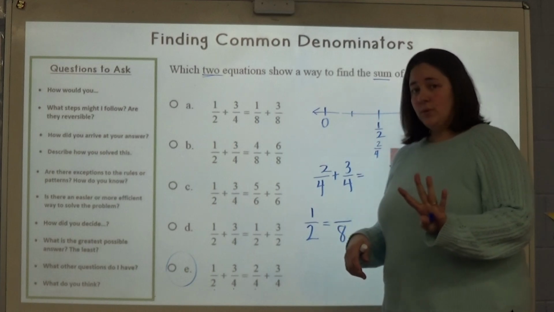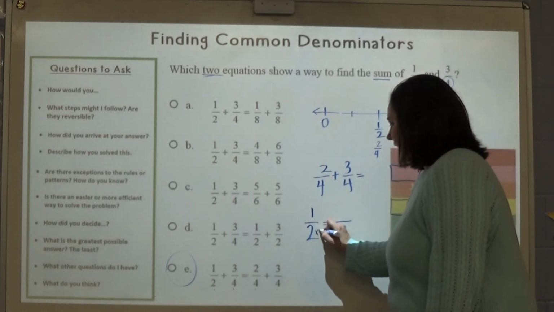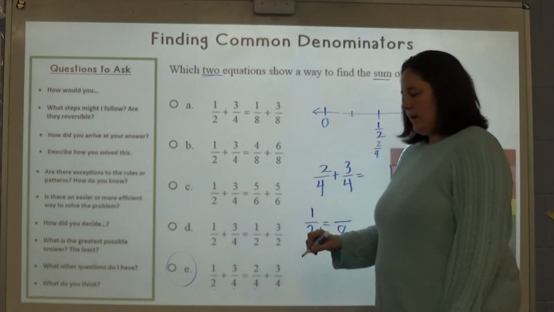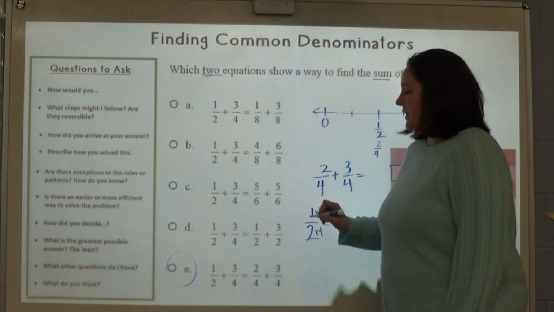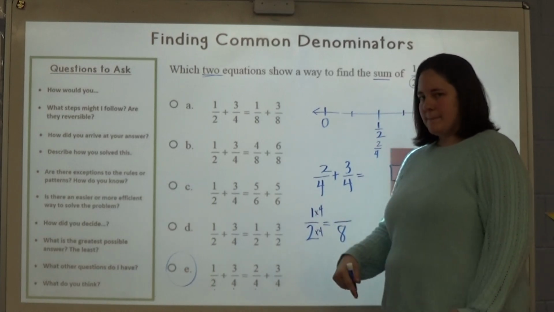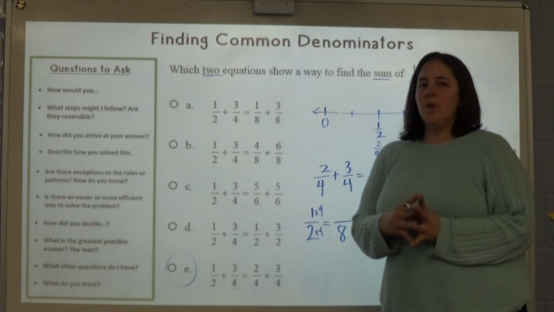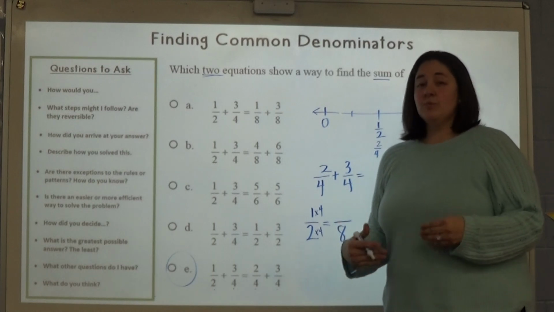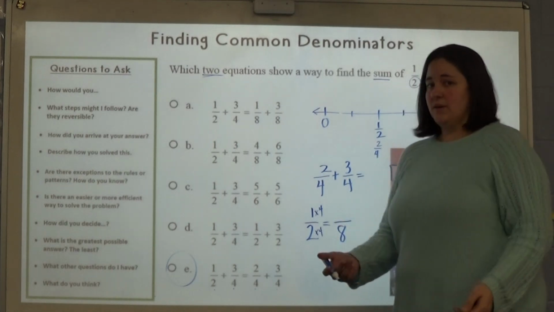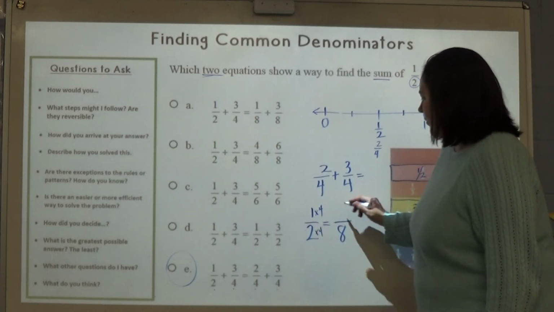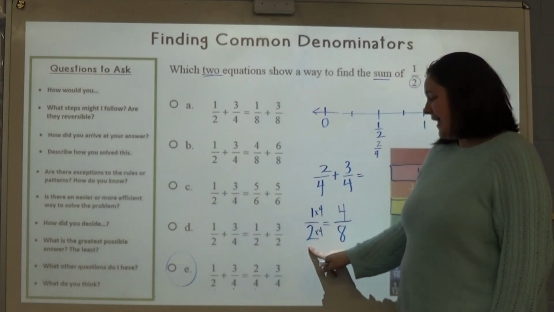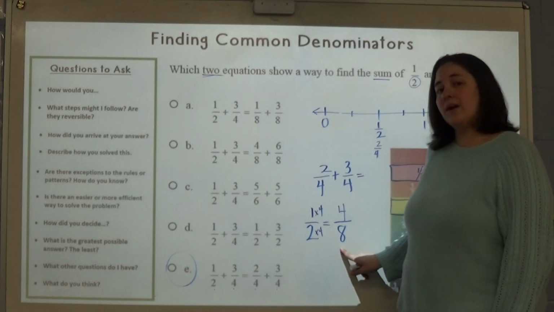I know 2 times 4 gives me 8. So I'll multiply the denominator 2 by 4. And I also need to multiply my numerator by that same number, because we don't want to change what the fraction is worth. We just want to say it in a different way. Okay? So 1 times 4 is 4. 1/2 is also equal to 4/8.